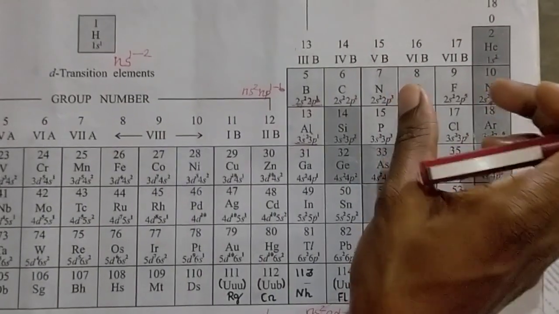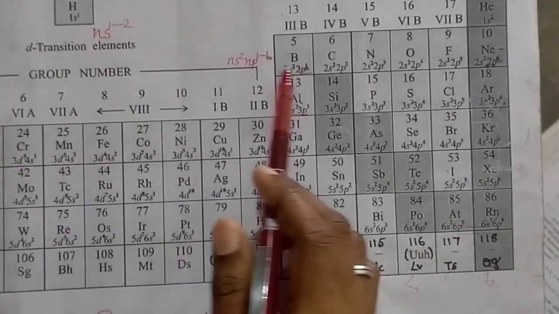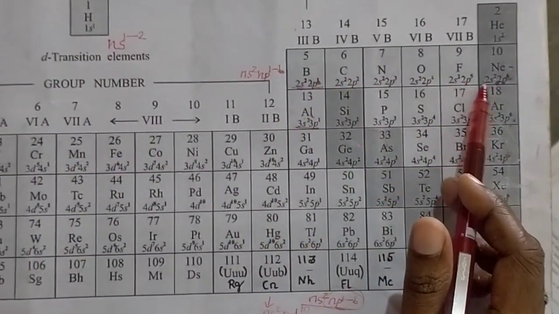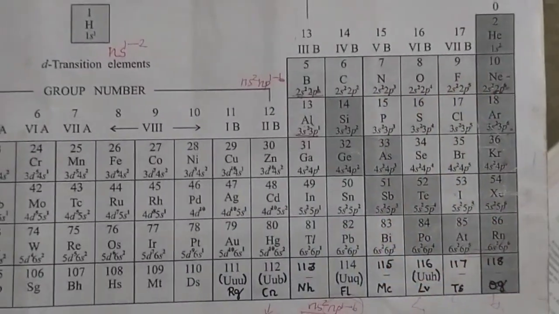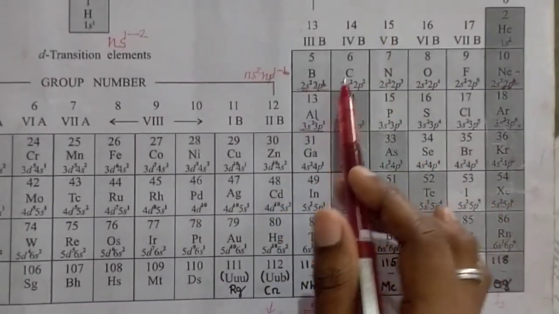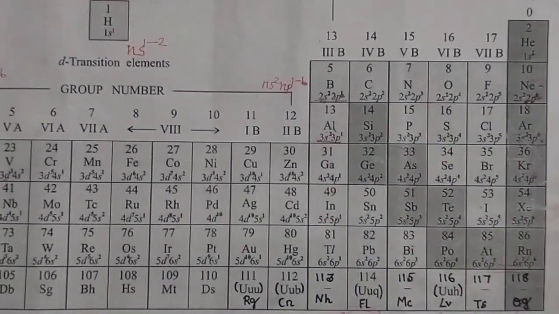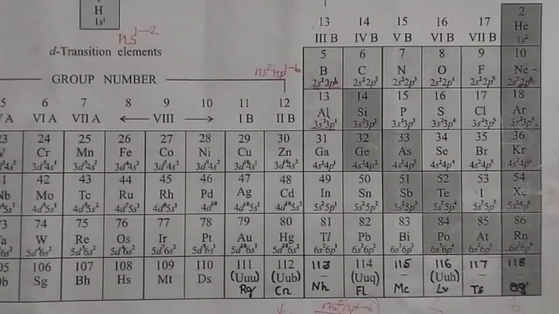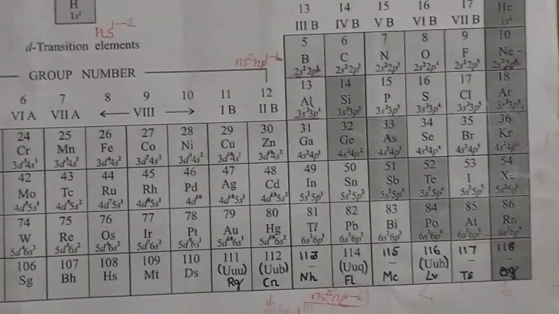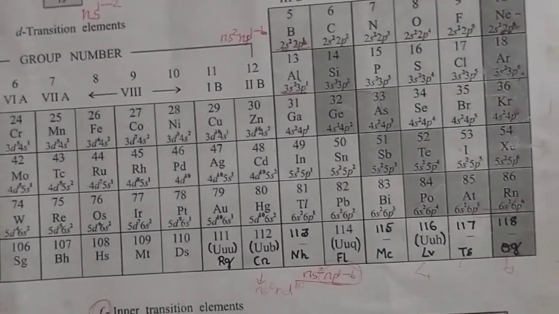Why is the size decreased? Because the electron is being added in the same shell. So the electron affinity and the amount of energy are increasing with the increasing nuclear charge.